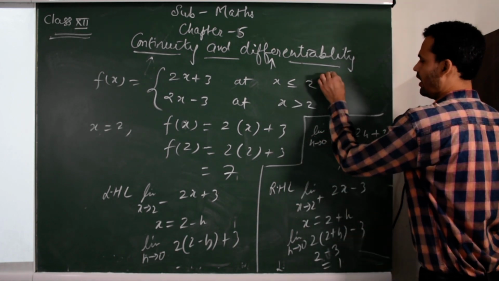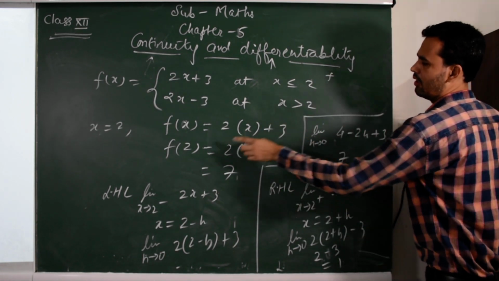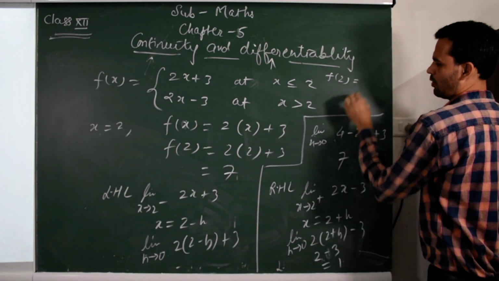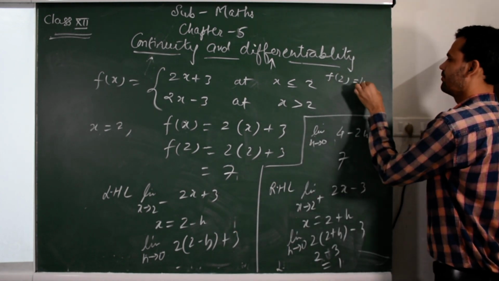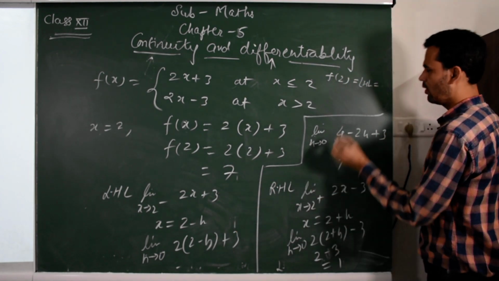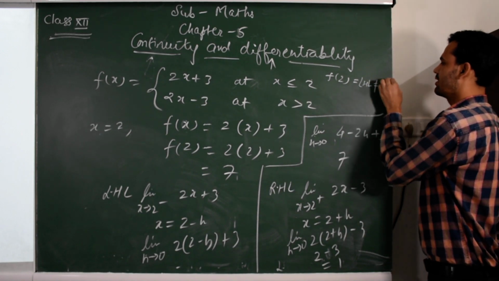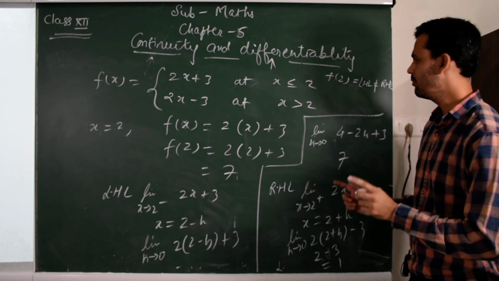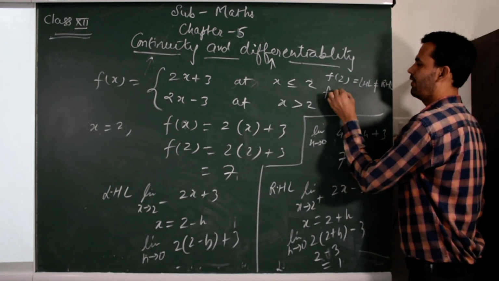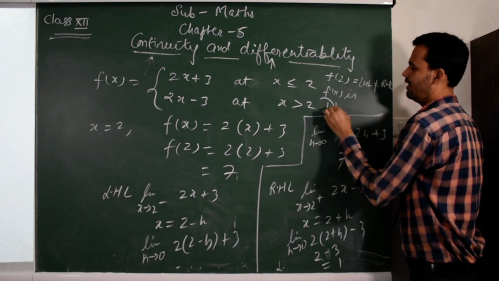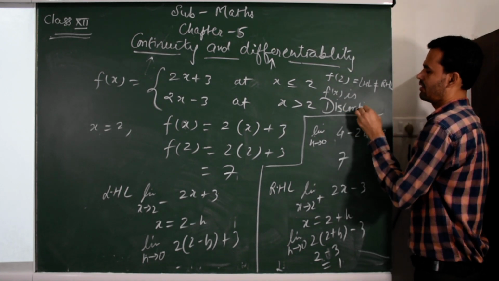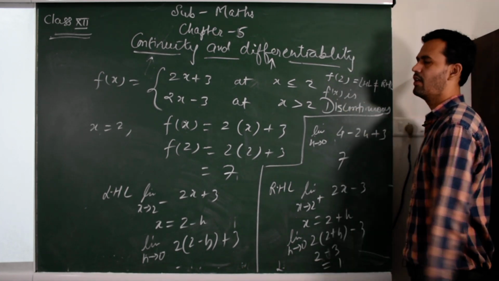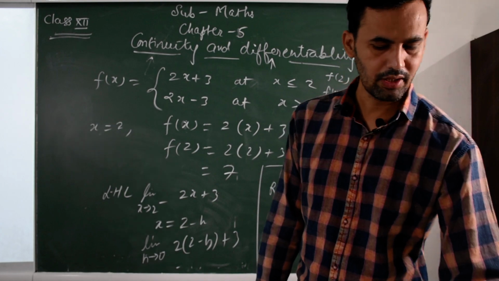So f(2) equals LHL, which is not equal to RHL. These three are not equal, it means function f(x) is discontinuous. Function is not continuous, discontinuous.